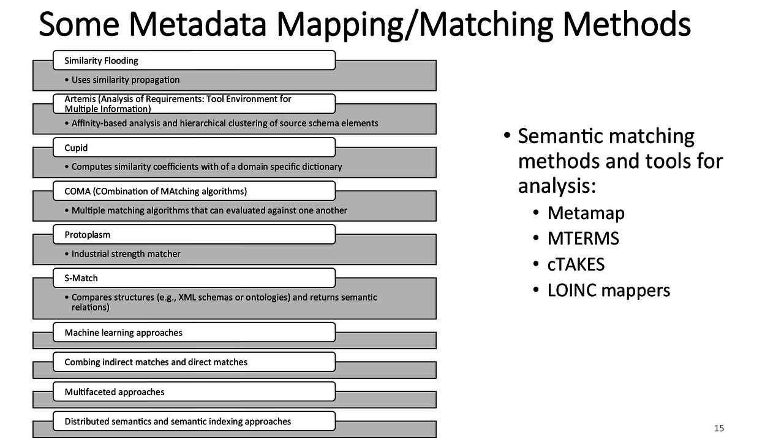Next slide. So I won't go through this whole list, but here are some of the well-known methods used for metadata mapping, and they include similarity flooding, Artemis, Cupid, COMA, protoplasm, S-match. There are other machine learning approaches, and of late there are some distributed semantic and semantic indexing approaches.